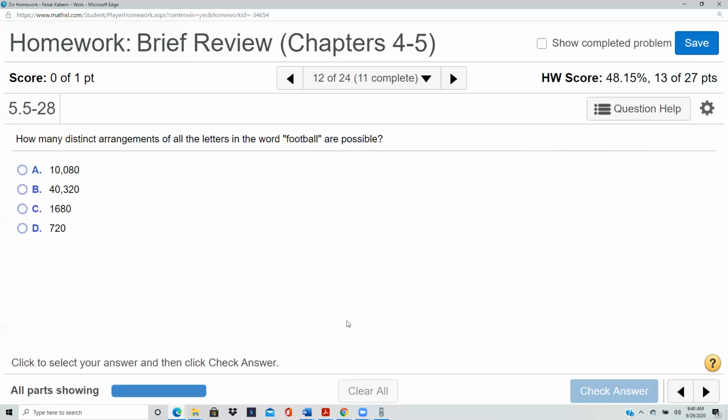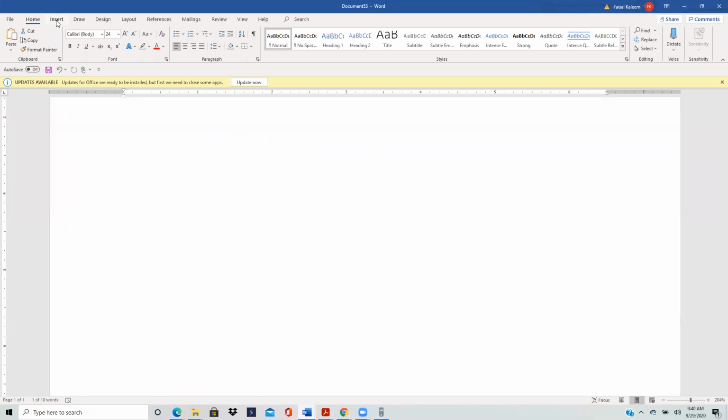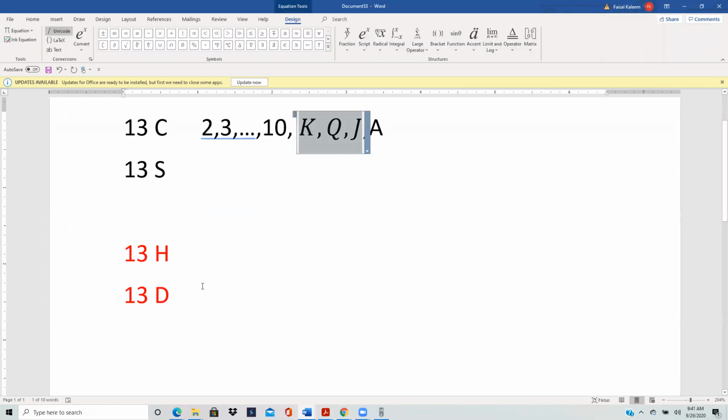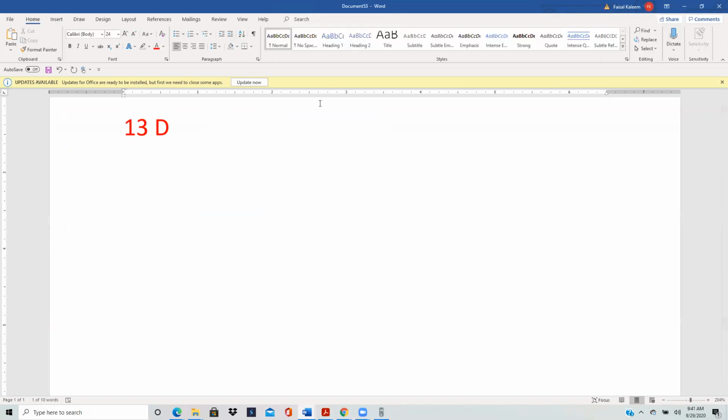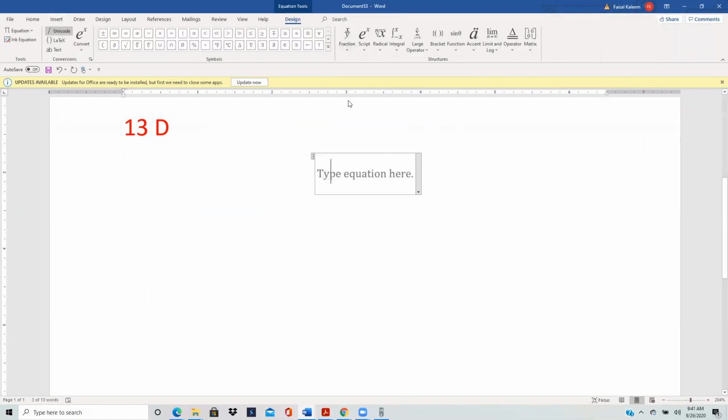So the way we write it, let me write it down correctly. It'll be 8 factorial in the numerator, and 2 factorial in the denominator for the two O's, and then times 2 factorial for the two L's.